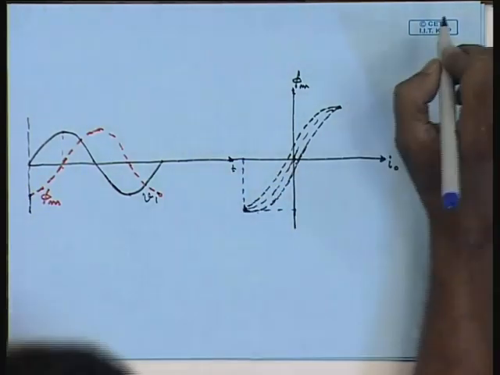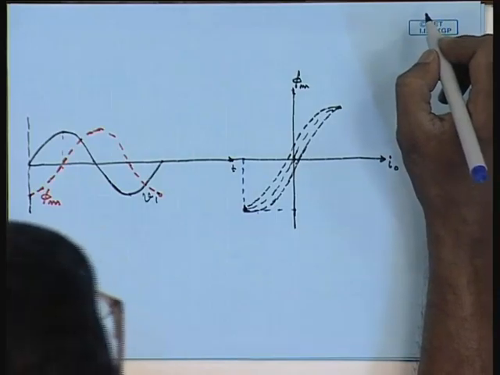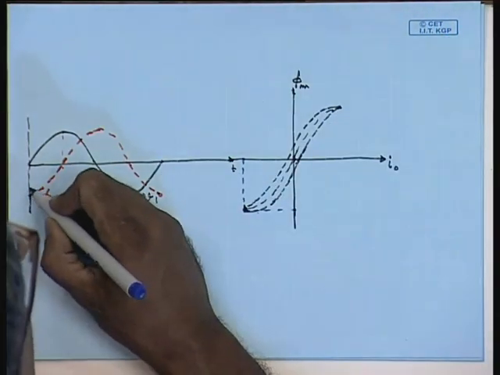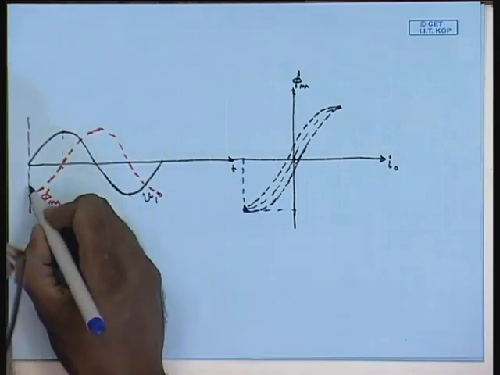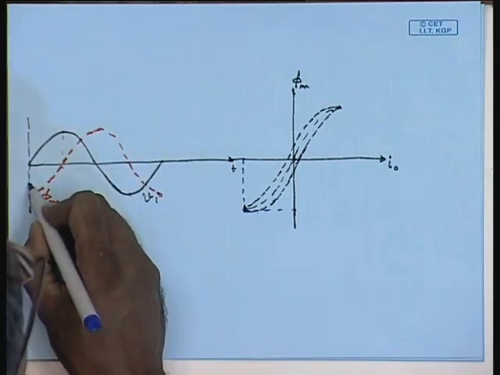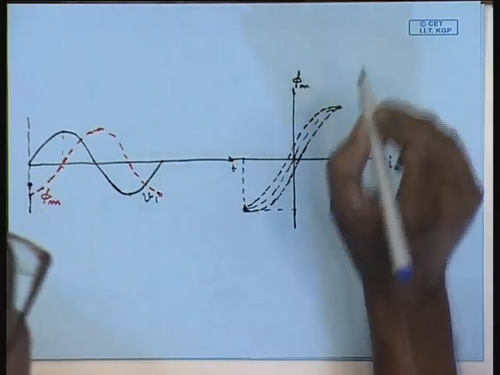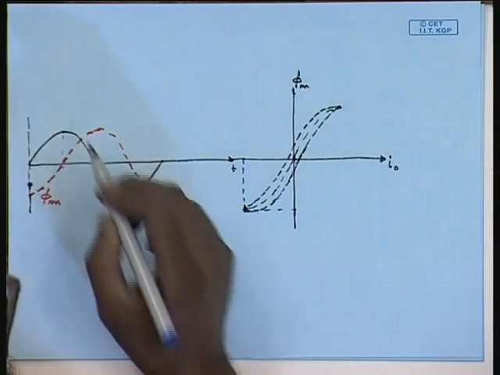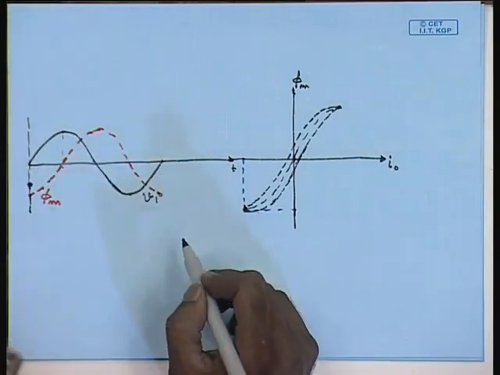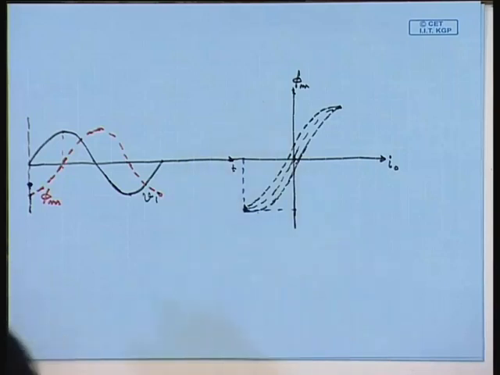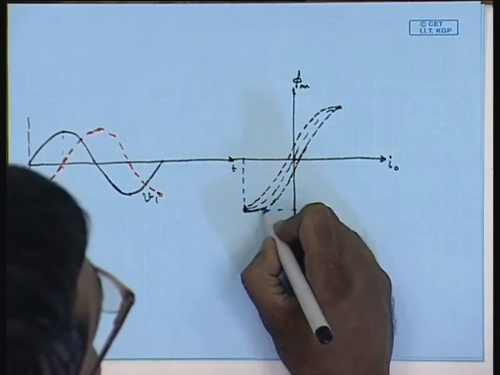So, the current was at negative maximum. Now, as the voltage is increased, the flux is increasing, and while increasing on a BH curve, the flux follows this path.